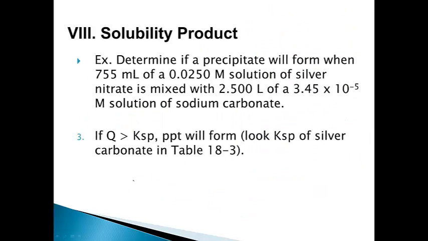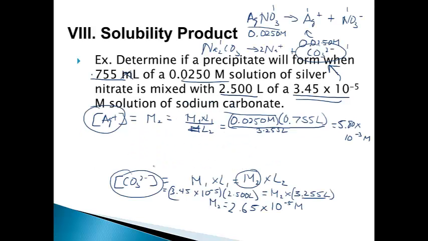Okay, last step, find Q and figure out if it's greater than the KSP. Don't forget the Q equation was equal to the concentration of Ag+ squared times the concentration of CO3 2-. And we just saw that the Ag+ concentration was, let's go take a look, 5.80 times 10 to the negative third.